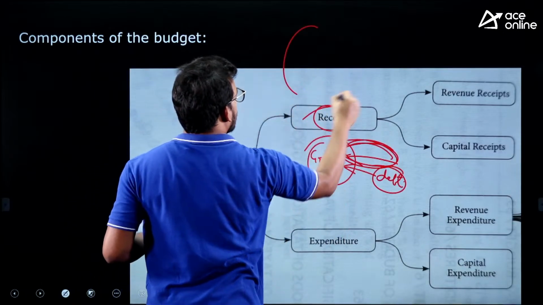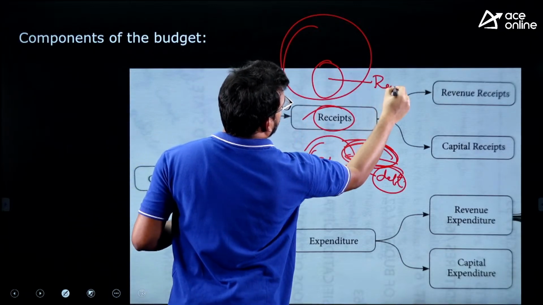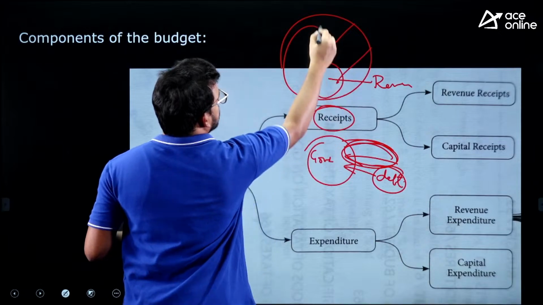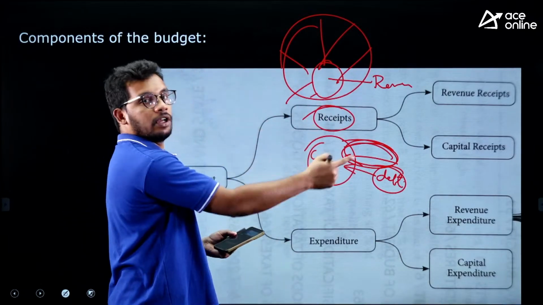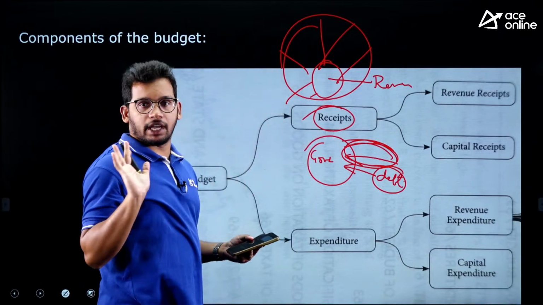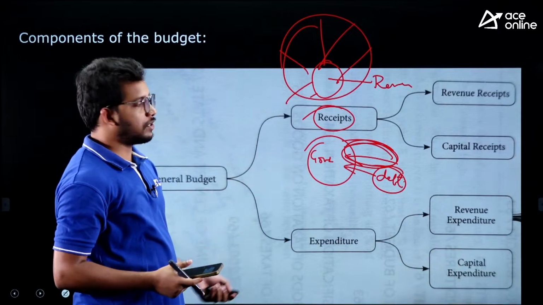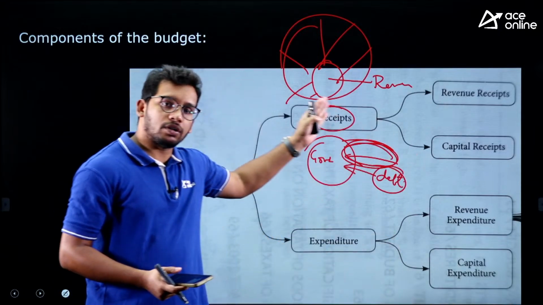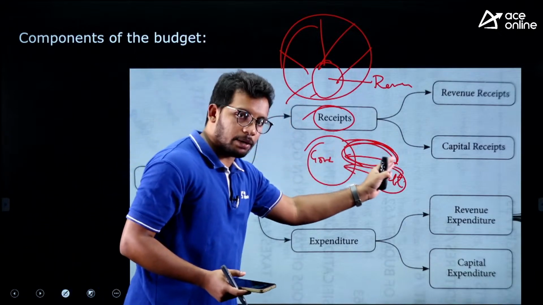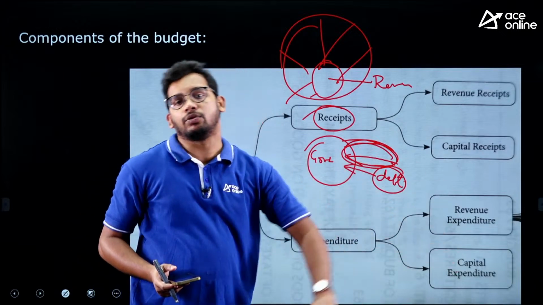If this is the receipts, the small circle is the revenue, and the rest is the debt which the government has taken. So receipts include revenue plus debt taken by the government in that one year. Now expenditure: this is money the government gives to someone else.